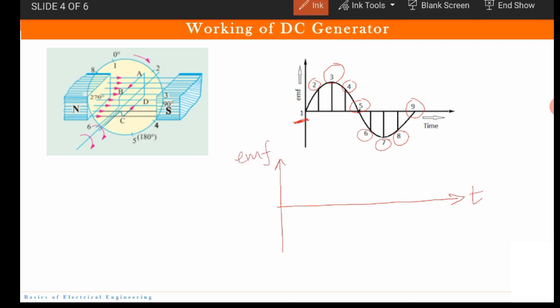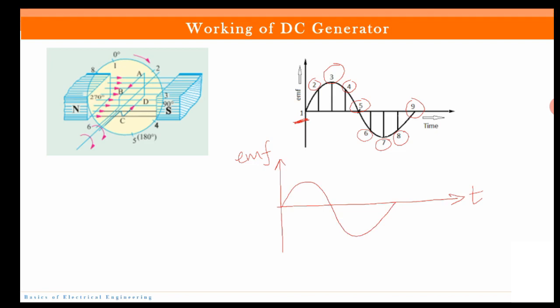It means we are giving mechanical energy, but what is the output? Output is the electrical energy. Correct? Okay. So this is how the signal is generated. I hope this is clear to you. Fine.